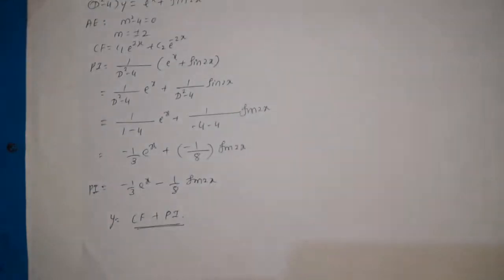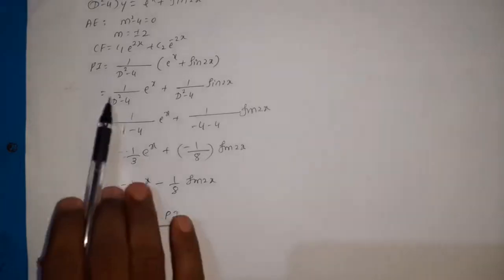So this is the way to write the particular integral when RHS is the sum or difference of two or more functions. If it is the sum or difference, then directly split the denominator to each and every function separately, then go for the corresponding particular integral.